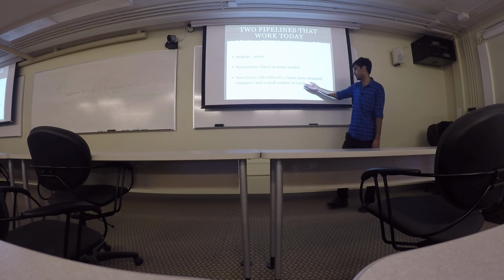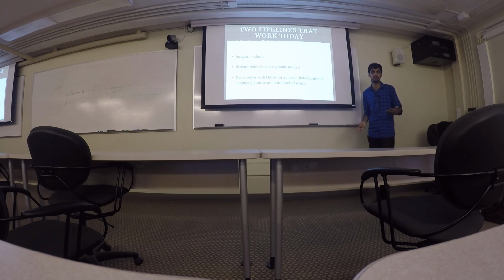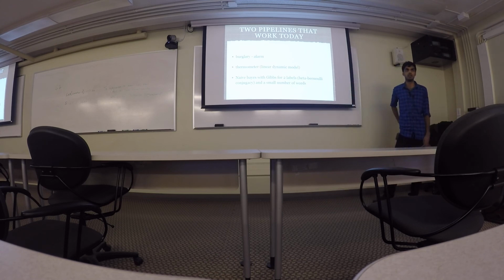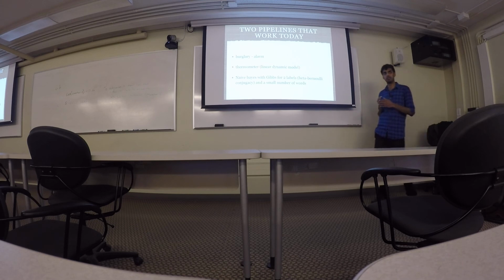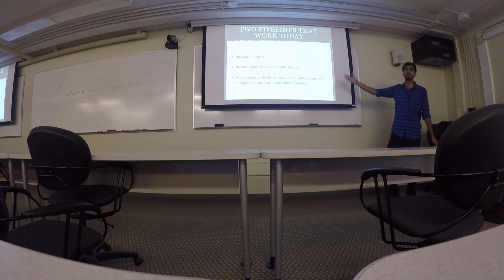For example, if you have more than 2 labels, right now we can't do Gibbs, and we have to fall back to much slower inference techniques. There are only a few models for which we are on par with handwritten efficient inference techniques, and these are the types of models that we work for.